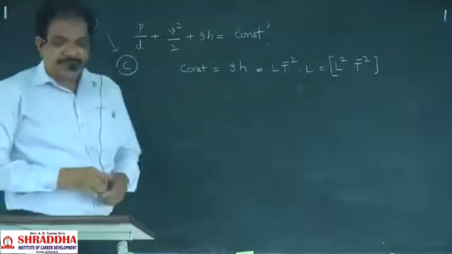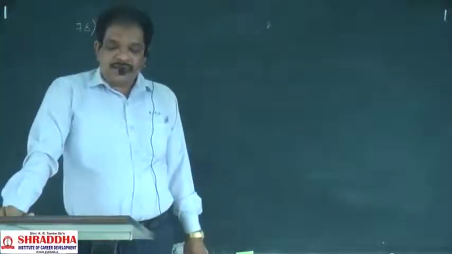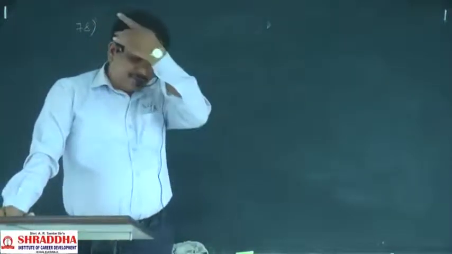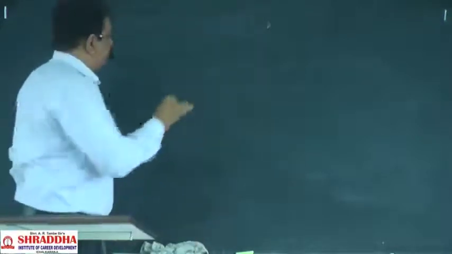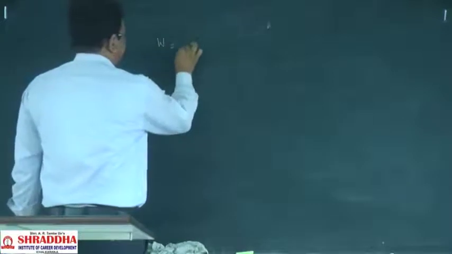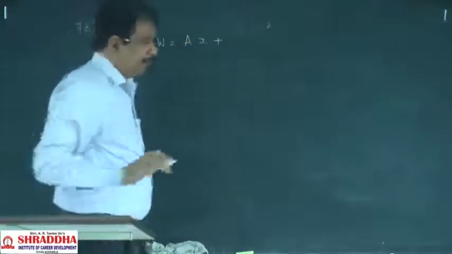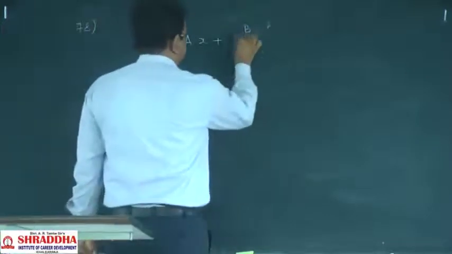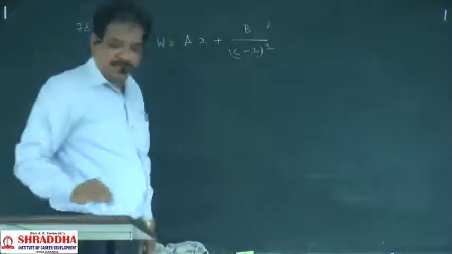Okay. Next, 78. Work done W by a body varies with displacement as W is equal to AX plus B by C minus X whole square.